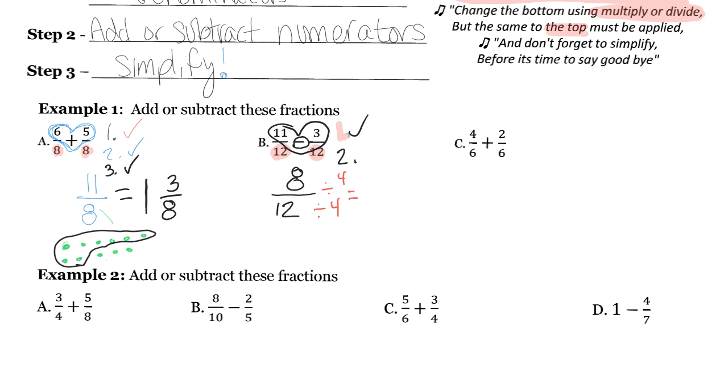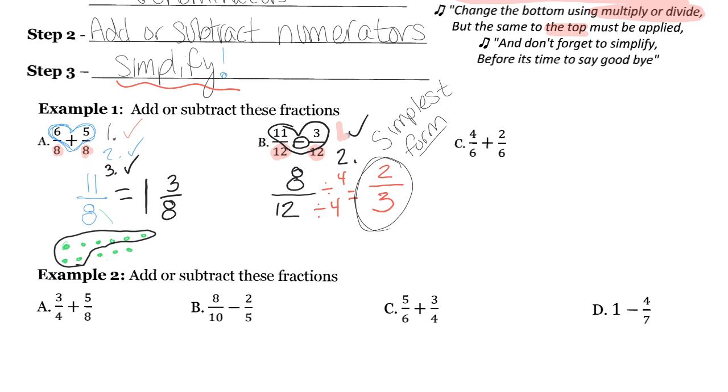So 8 divided by 4 is 2. 12 divided by 4 is 3. So our answer went from 8/12 to 2/3, and that's called simplifying. Whenever you answer problems from here on out, your answers must be in simplest form. So this is called simplest form.